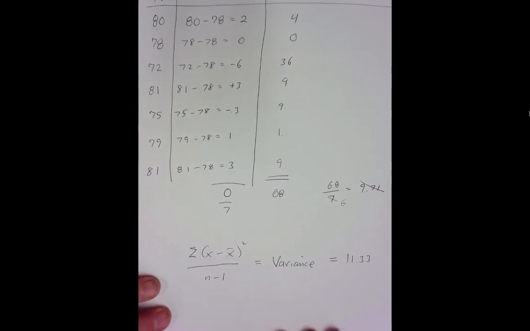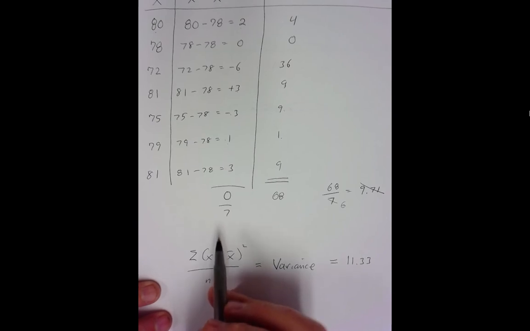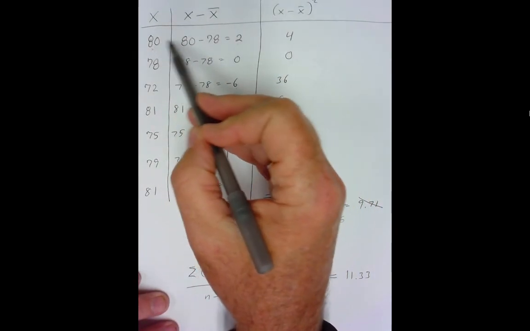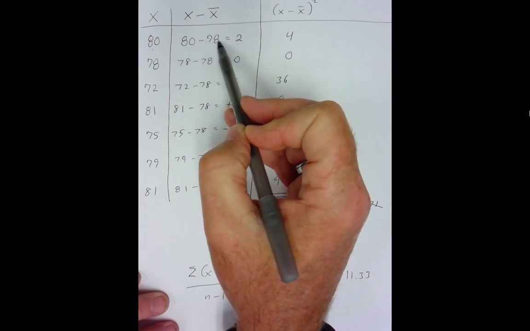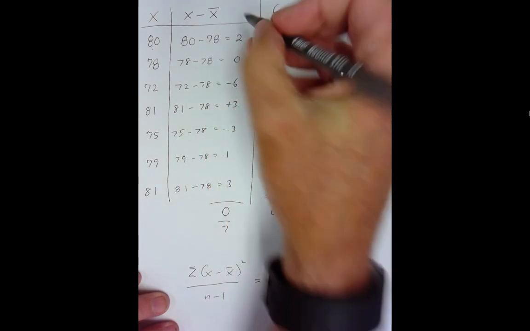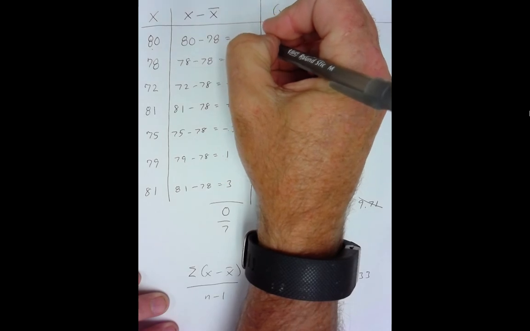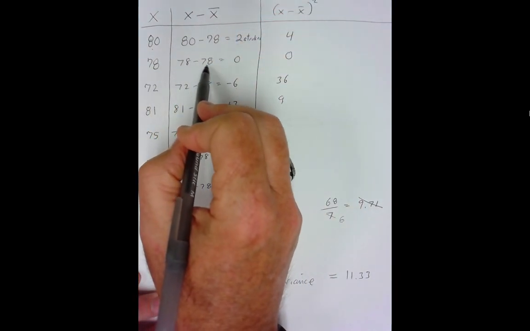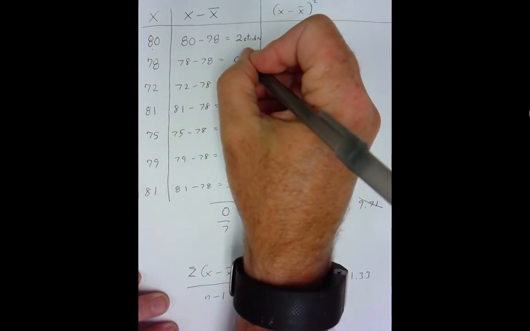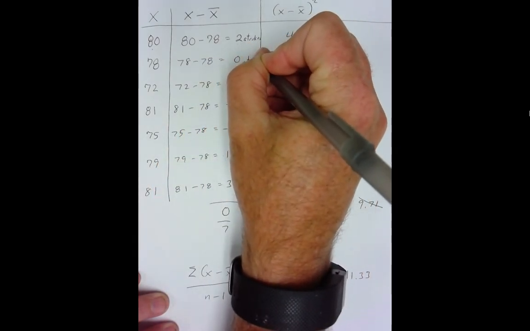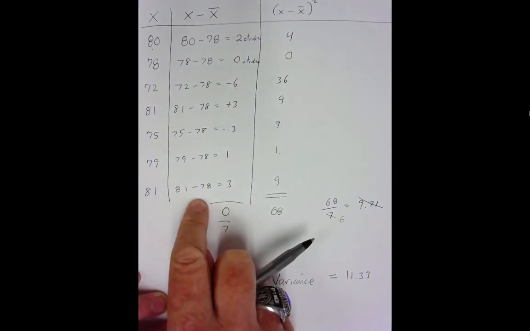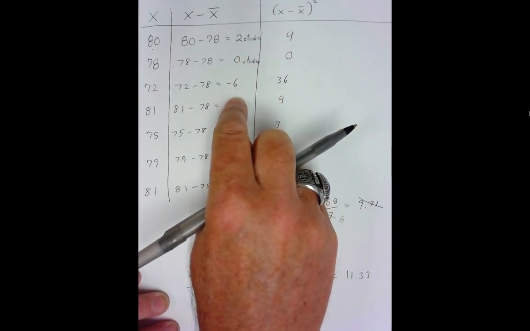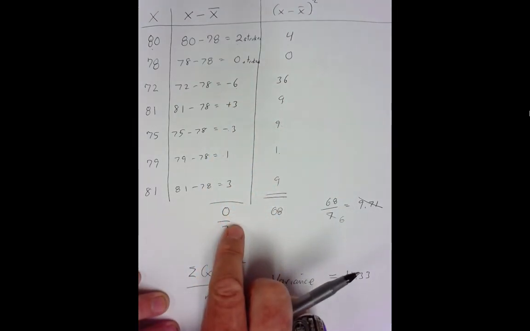But somebody said, you know what, let's think about what's going on here. These are scores. This is 80 strokes minus 78 strokes is 2 strokes. 78 strokes minus 78 strokes is 0 strokes. That can be said for all this, can't it? 2 strokes plus 0 strokes plus a negative 6 strokes plus is what? 0 strokes.